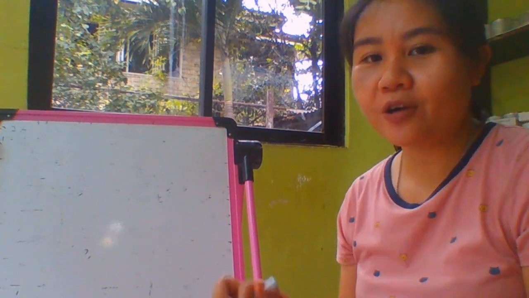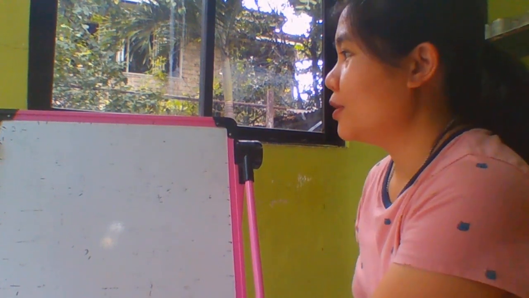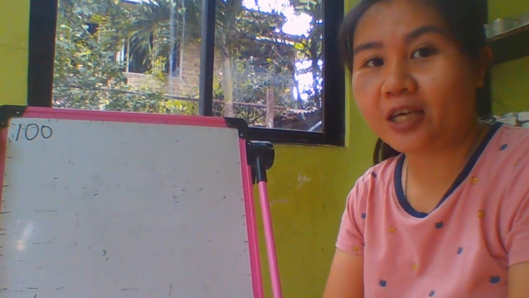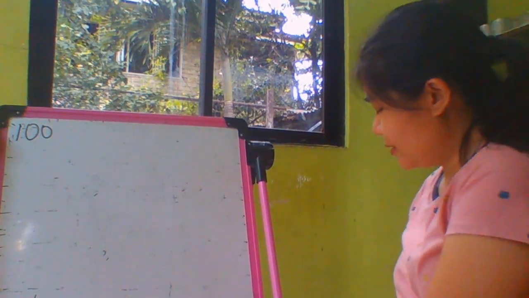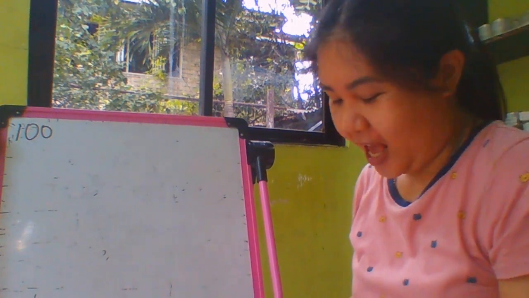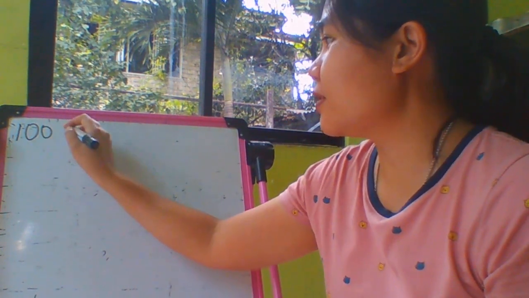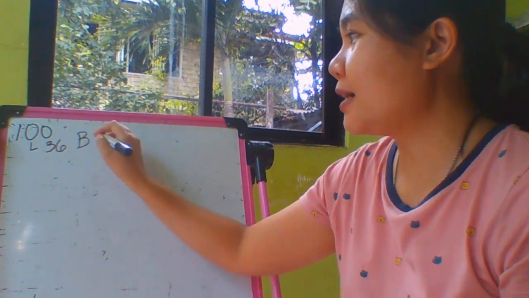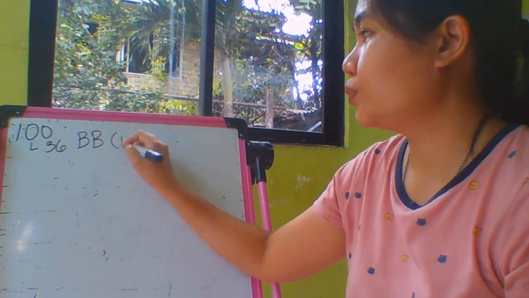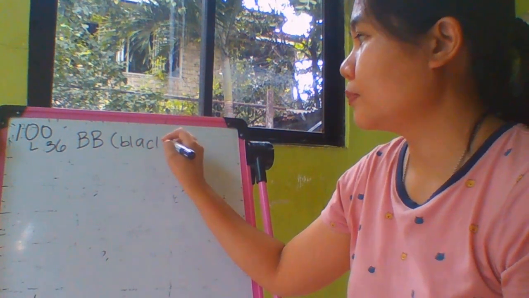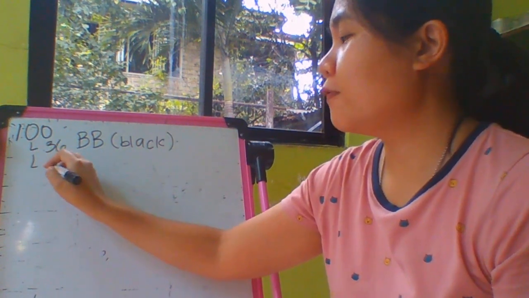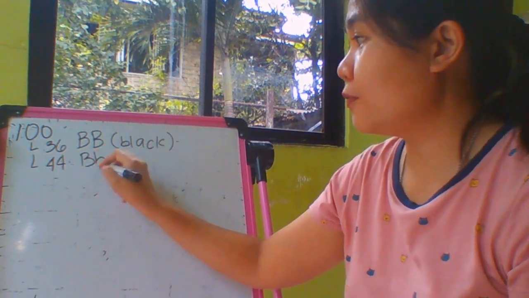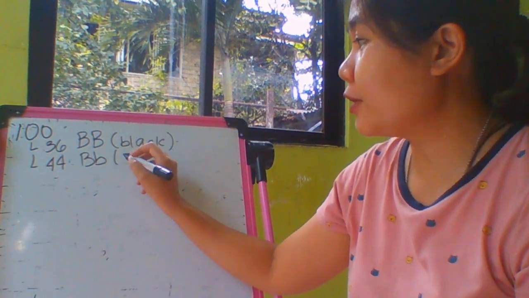So we have here a problem. A population of 100 Andalusian chickens. Of the 100, 36 happen to be black, 44 happen to be blue, and for blue, they're considered heterozygous.